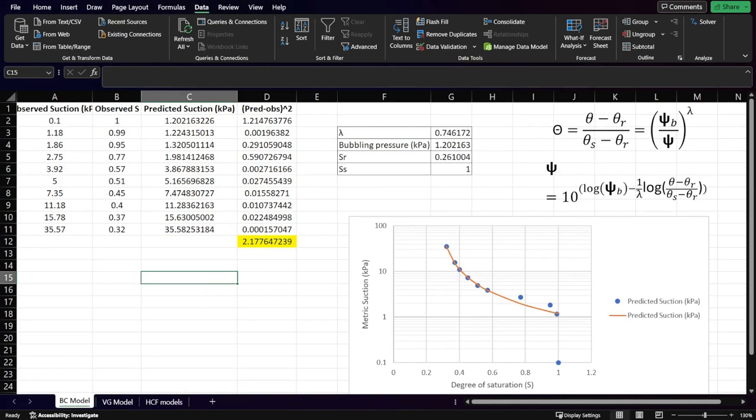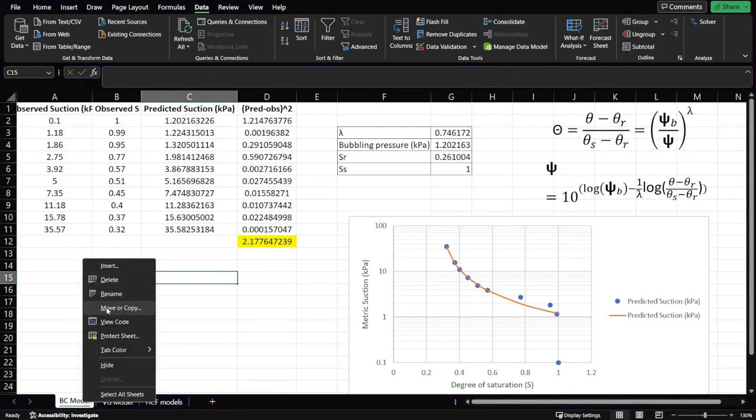Here I have solved this one, but I'll be solving it again just to show you.